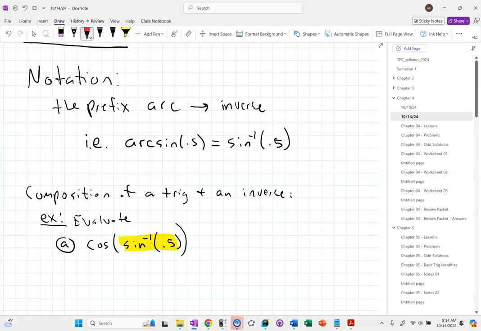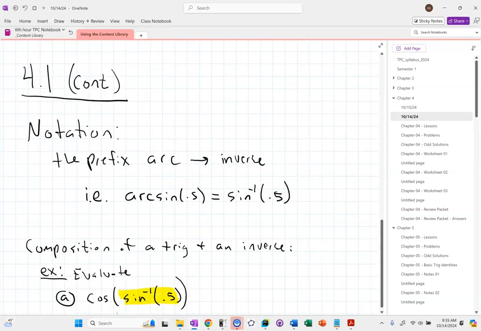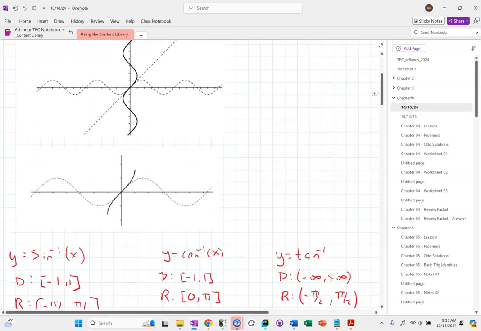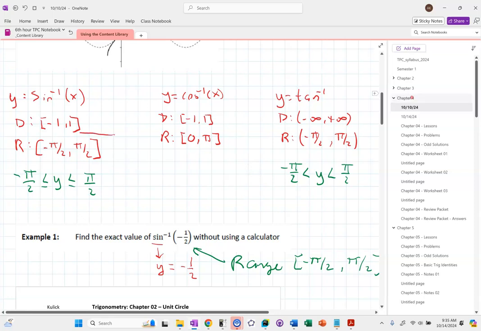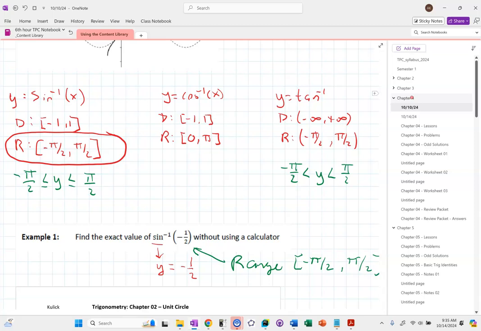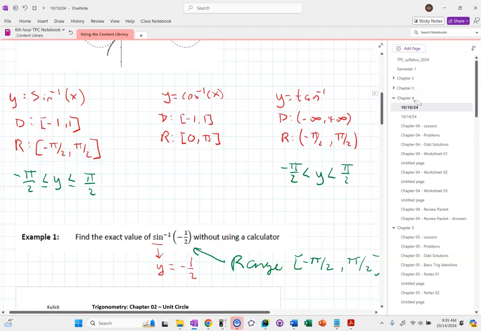If an interval is not given to you, we have to go back and use the fundamental range for sine inverse or cosine inverse or tangent inverse from the previous lesson. So in this case, my answers are going to come between negative pi over 2 and positive pi over 2. Is everybody okay with that? If it doesn't tell you where your answer needs to be, it's coming from those fundamental ranges.